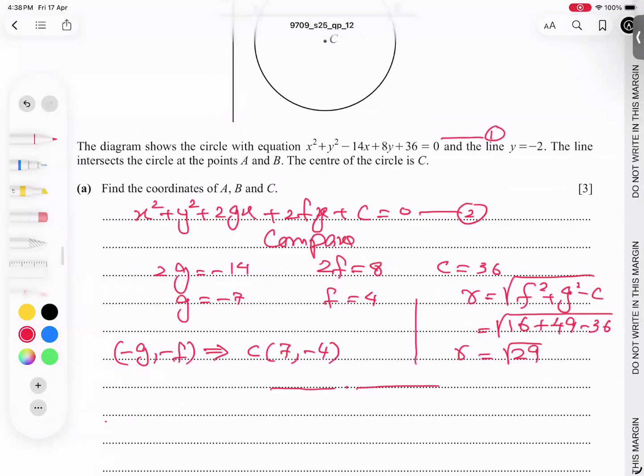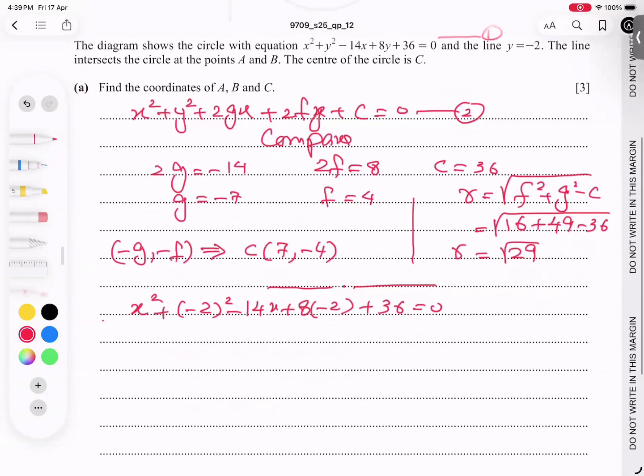So take a look. x squared, but in the place of y, I'm replacing -2. So plus (-2) whole squared, -14x, and plus 8 times -2, and plus 36 is equal to 0.